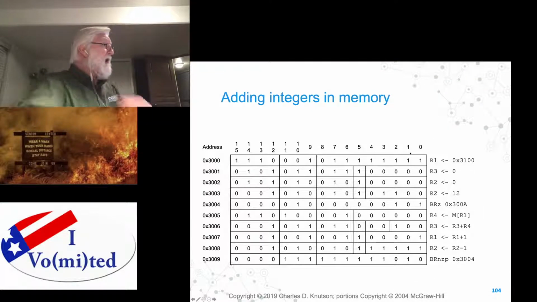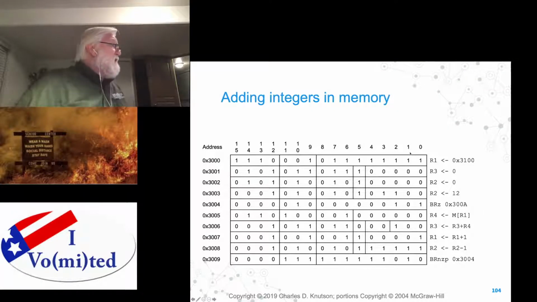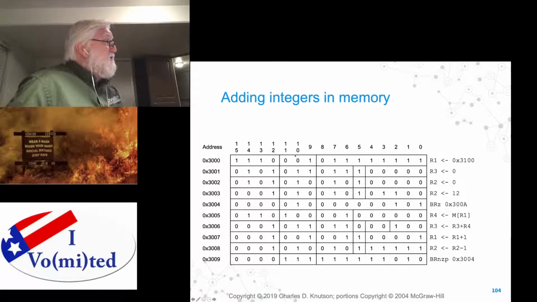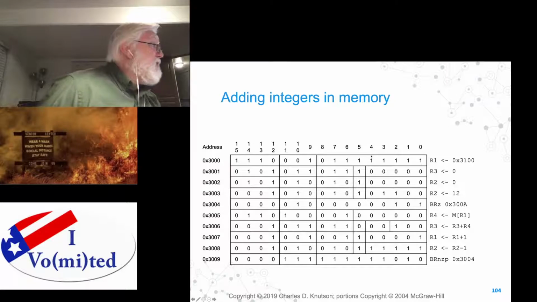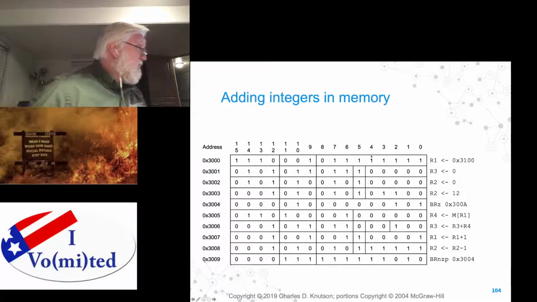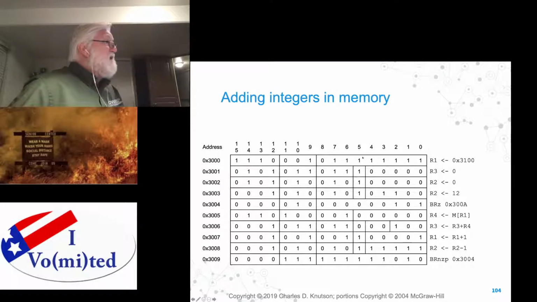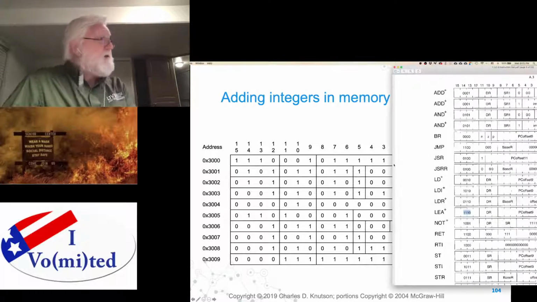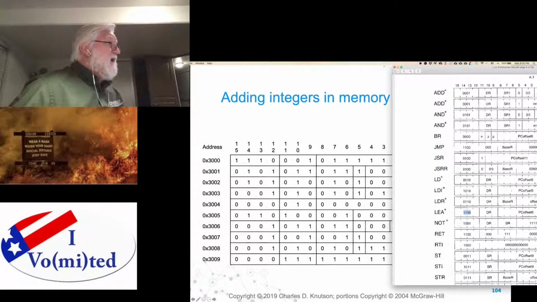Okay, and what we're going to do is the destination register is register 1, and that's the value. Okay, that is a PC offset. If we go back to right here, the LEA, right, it's a PC offset 9.